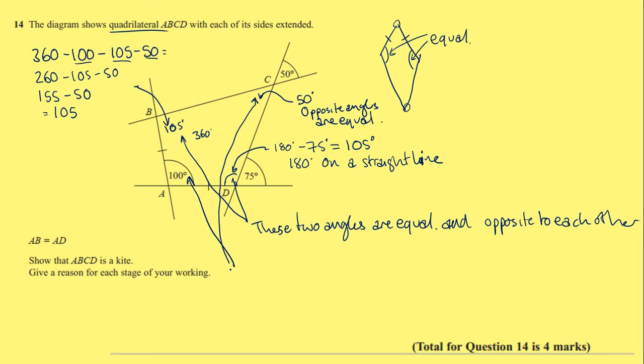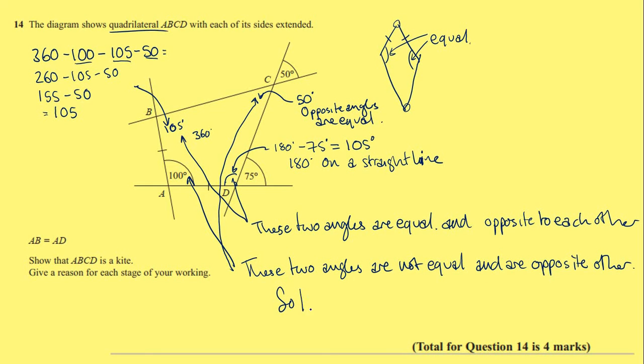These two angles are not equal, and are opposite to each other. Now, that is one way of proving that you have a kite. There are other ways, but I like that way. I think it's nice and easy, and you can use angles pretty heavily for it, and it's got pretty easy statements. There are probably other ways to do that question, but that's the way I would have gone about it. All right, moving on.